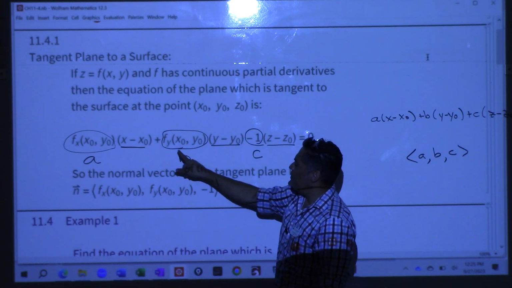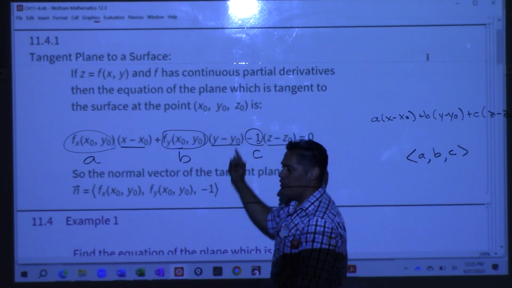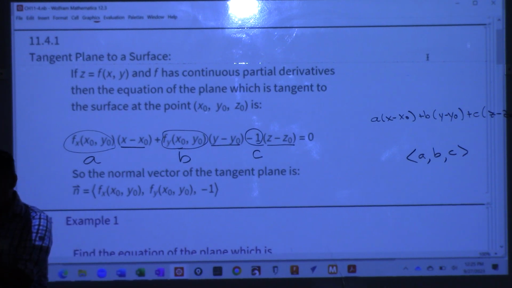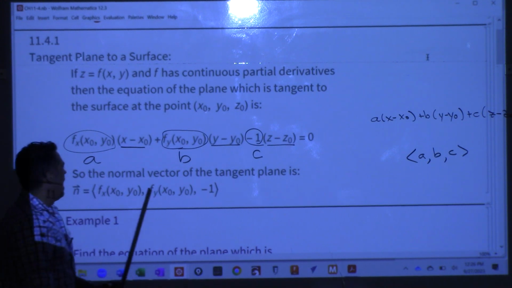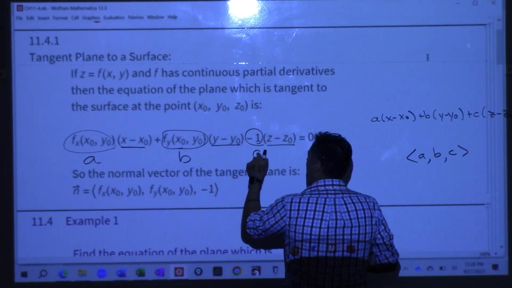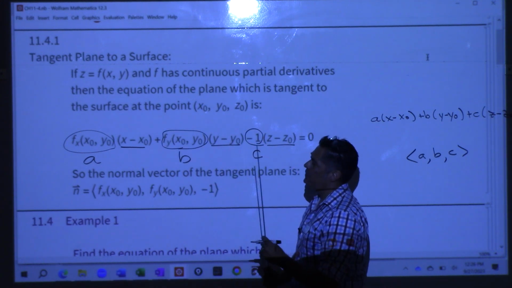The B is the partial of that function with respect to y at x naught, y naught. So you're getting those two slopes, right? Those are the components of your direction vectors. And then your C is always -1 if you're dealing with a function of two variables like this.